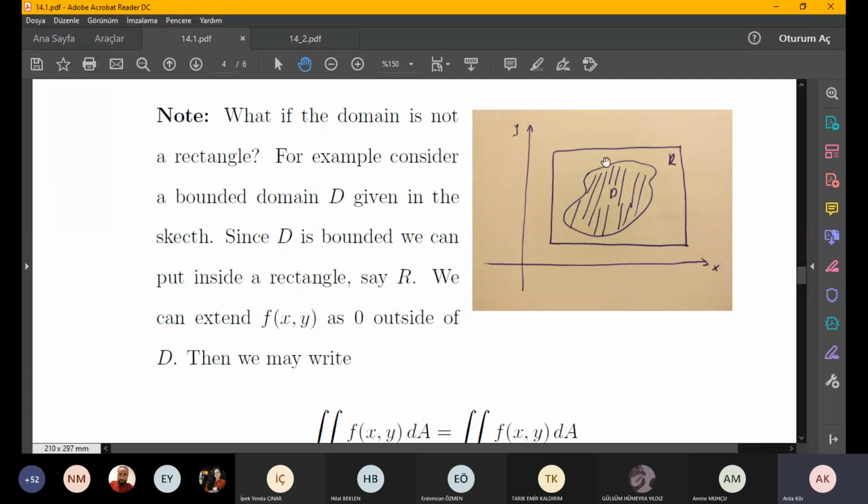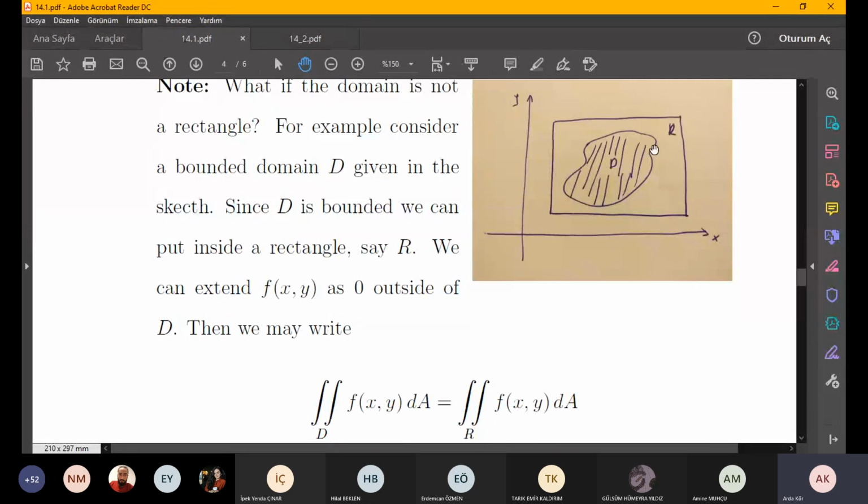Since D is bounded also, we can put that inside a rectangular box and call it R. And we can extend f(x,y) as 0. So we suppose that it is defined as 0 outside of D. So for outside of D here, on those areas, we suppose that f(x,y) is 0.